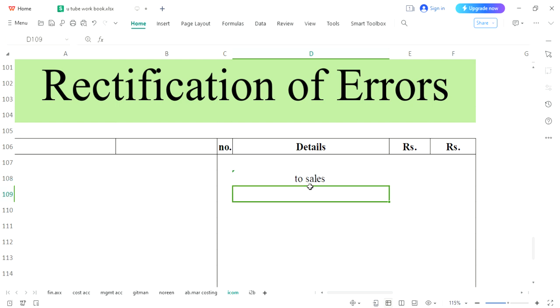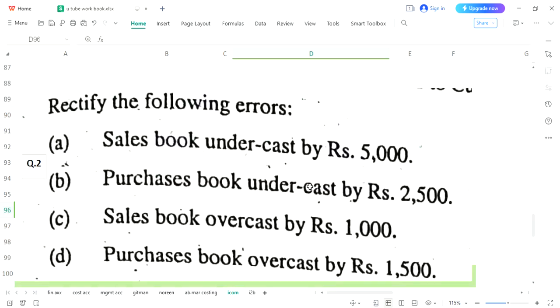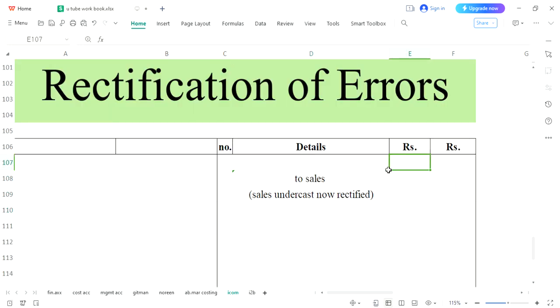Now here you will write the narration: sale book, or book we can leave, sale undercast, now rectified. So here is your narration. Let's see how much the amount is, that is 5,000. So you will write 5,000 on credit side.